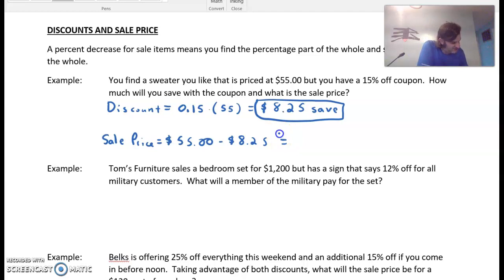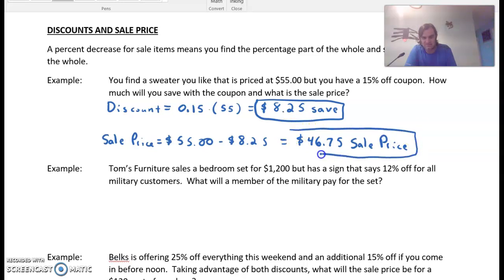I'm not above that. 46.75. And that's the sell price. So what we found is it was originally $55. We're going to save 15%, which is $8.25. And then we will end up paying $46.75.